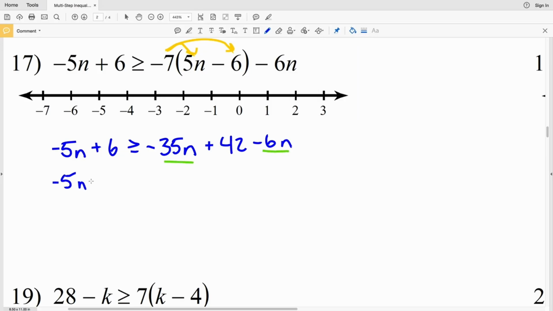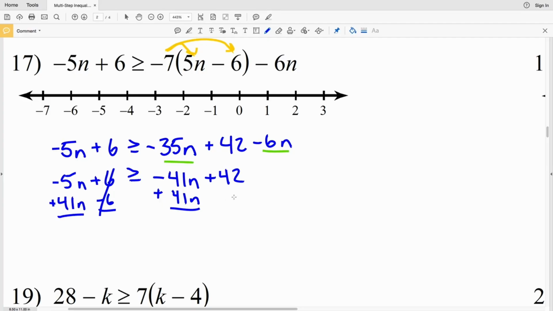Negative 5n plus 6 is still on the left-hand side, and that's greater than or equal to negative 35 plus a negative 6n, or minus a 6n, which will be negative 41n plus 42. I'll go ahead and add 41n to both sides, and while I'm at it, I'll go ahead and subtract 6 from the left.